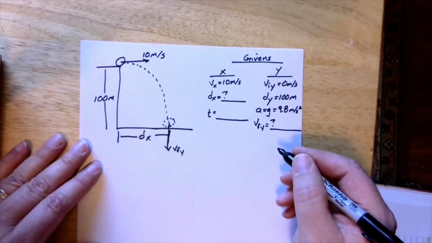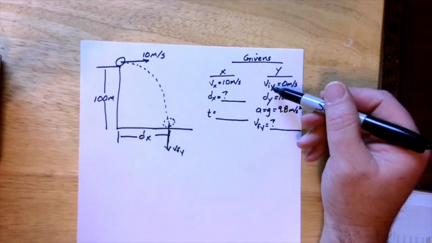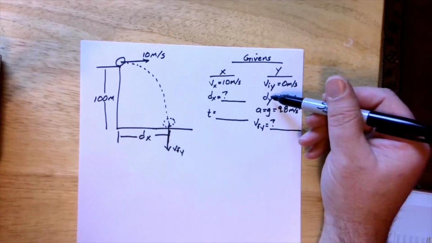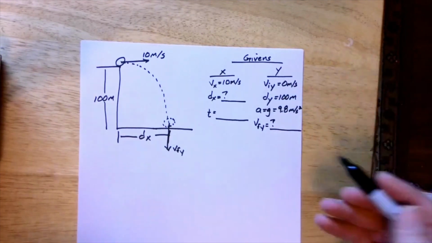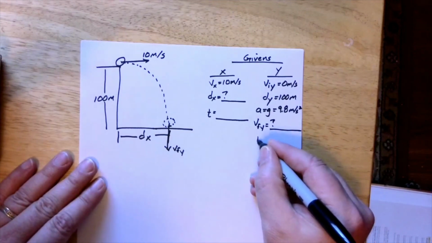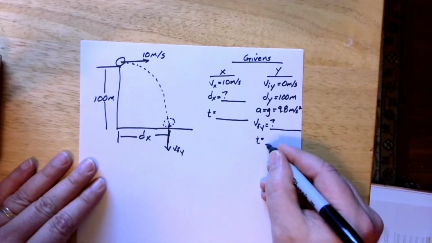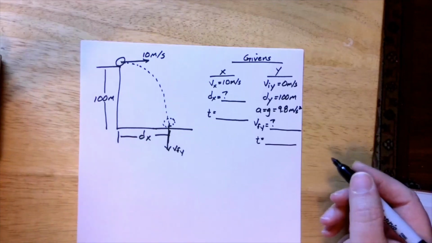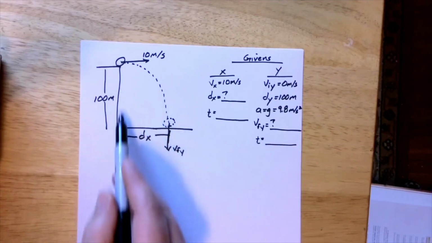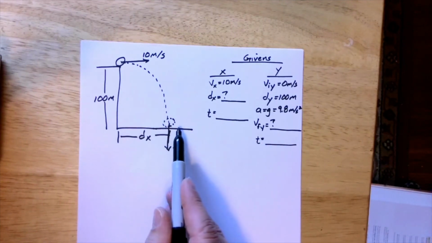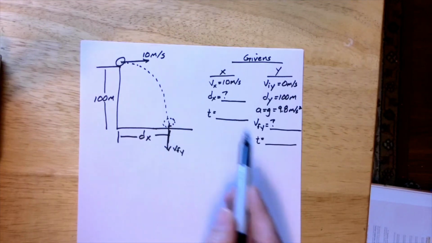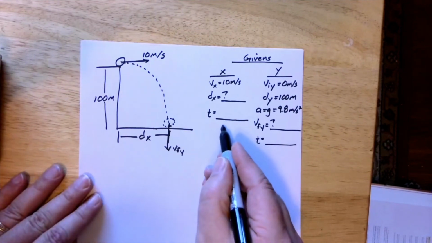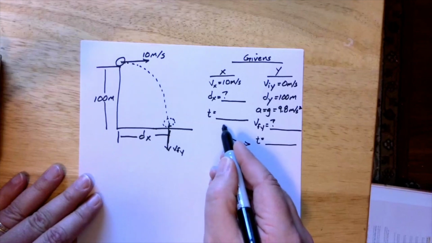Now, if you look at this, we have its initial velocity, its final velocity, its distance, the acceleration. Really, the only variable it's missing is time. So I'm also going to solve for time here as well. Now, the time for it to fall down is also the time for it to move across, and those two times are going to be one and the same.